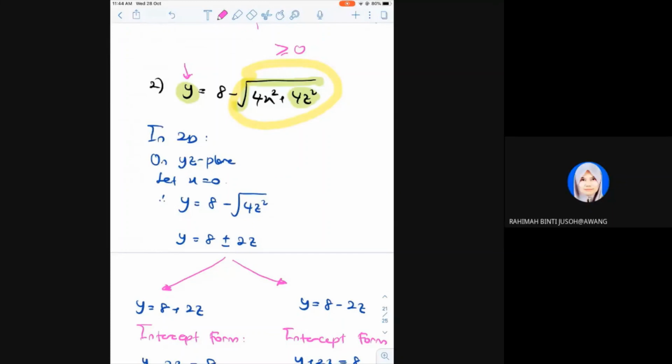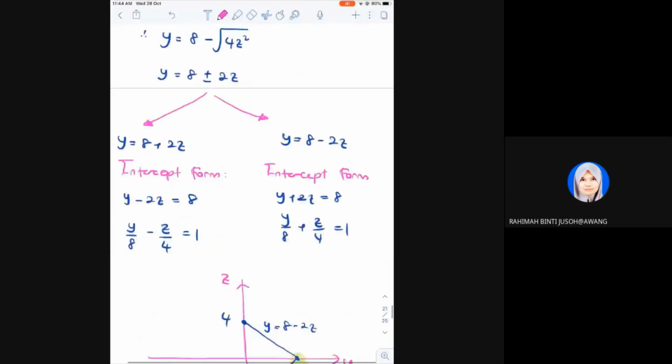Kecuali kalau dalam ni nombor negatif, baru dia jadi lebih besar daripada 8. Sebab 8 tolak 1 jadi 9. Contohnya macam tu. Tapi dalam ni tak ada negatif. So that's why dia mesti less than 8.